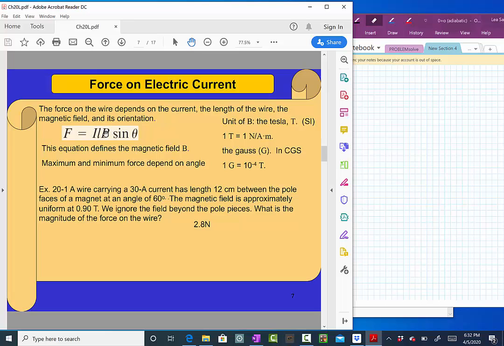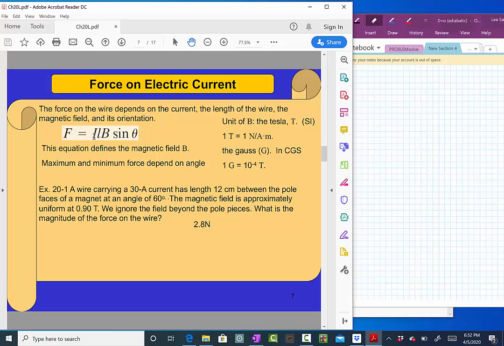In all of those examples that I told you before, the current and the magnetic field were perpendicular. Perpendicular means an angle of 90 degrees. So sine of 90 degrees is 1. So when the current and the magnetic field are perpendicular, we get the largest possible value for that force.